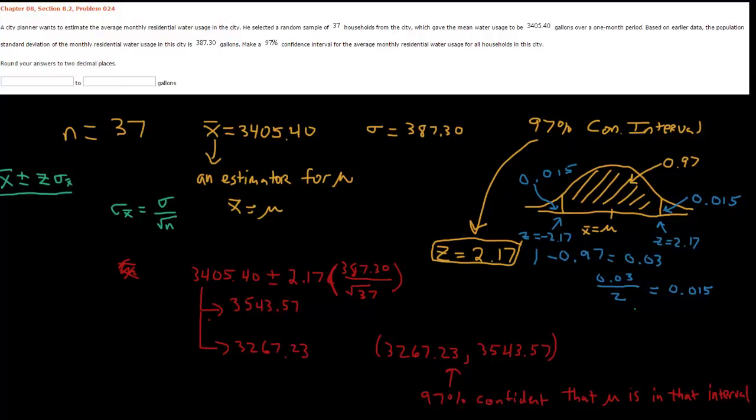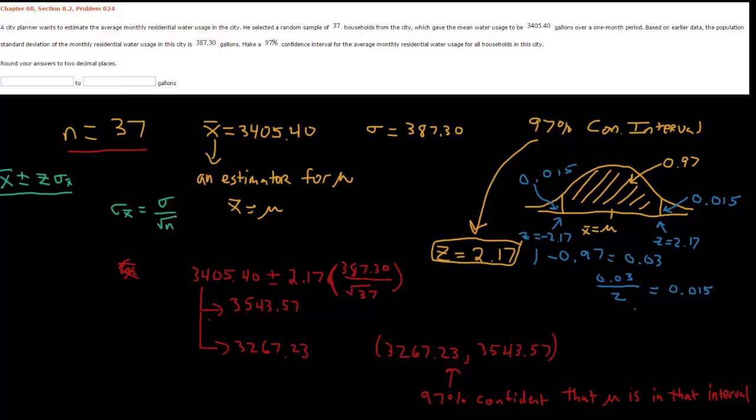Okay? Another way to think about this, or maybe more technical way to think about this, is if you take every possible sample of size 37, and you calculate the mean. So there may be just an inordinate amount of possible samples here. But depending on the population size, of course, if you took every possible sample of size 37, calculated the mean, 97% of the time the mean would be inside this interval.